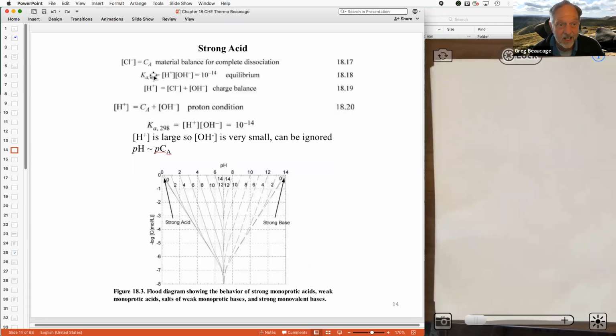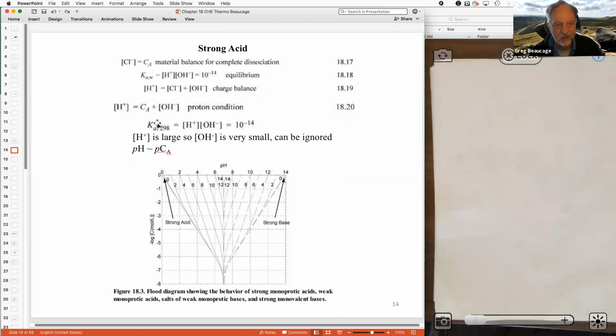So if you have a strong acid, then it totally dissociates. Then the concentration of what you put in, the Ca, is the same as the anion concentration. And the proton concentration is going to be the same as the hydroxyl concentration plus whatever these anions that come off. So you're going to have extra protons.